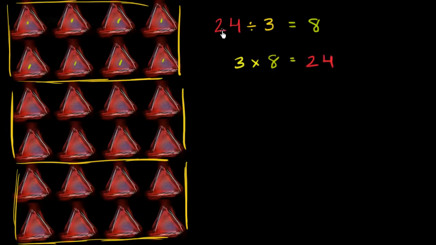So in this video, we had 24 things, we wanted to divide it into 3 equal groups. We got 8 in each group, or you could say 3 equal groups of 8 is equal to 24.